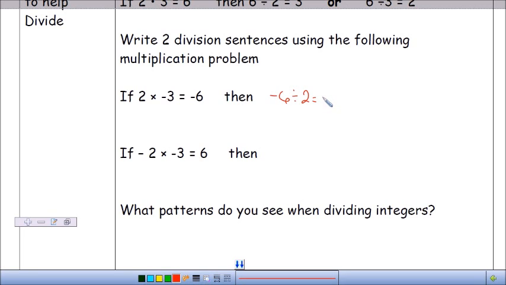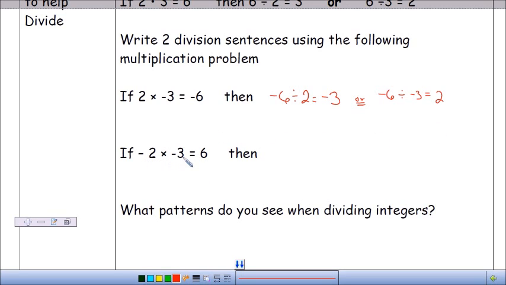is equal to negative 3, or negative 6 divided by negative 3 is equal to positive 2. Here's the next sentence.